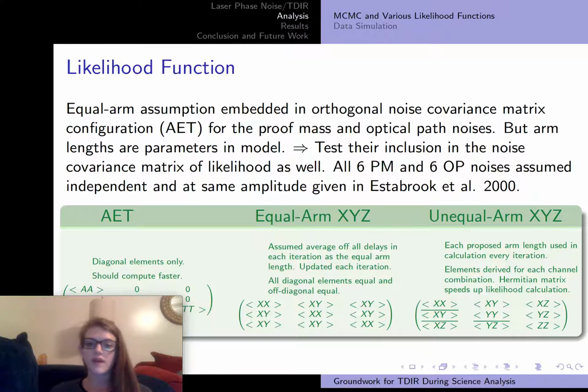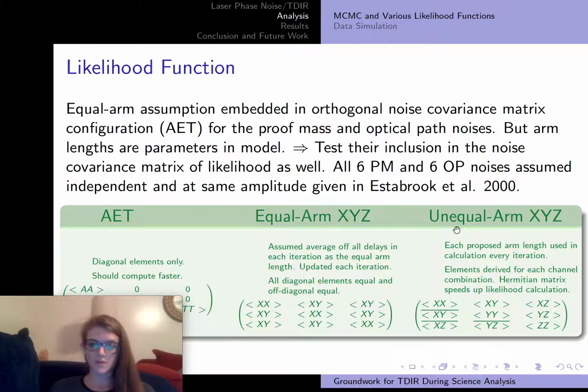So we're also going to look at the XYZ versions of the noise covariance matrix. We can still assume that they're all equal and just update that equal arm each iteration by taking the average. When you do that, you end up with the same element for all of the diagonal elements, and then all of the off-diagonal elements are equal. So that simplifies things as well.